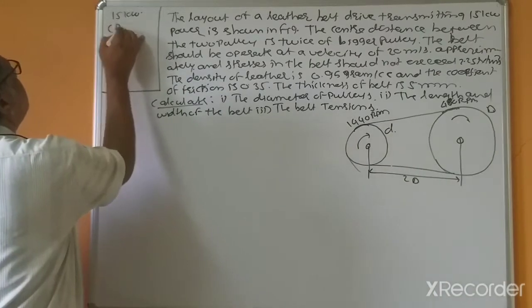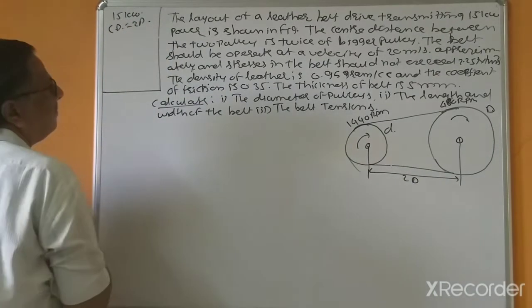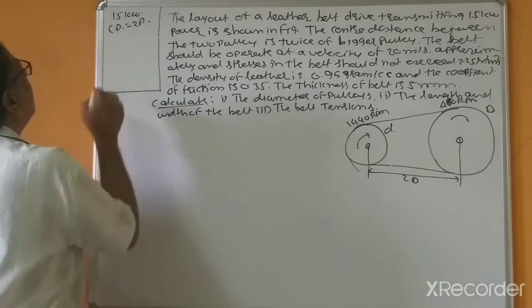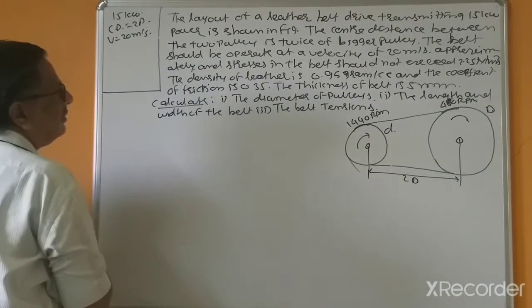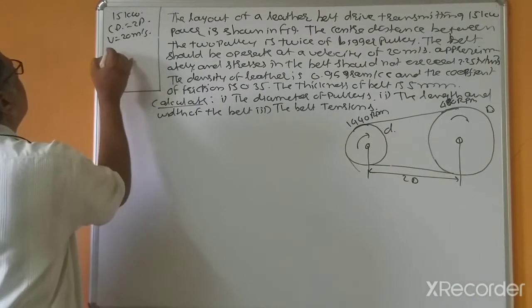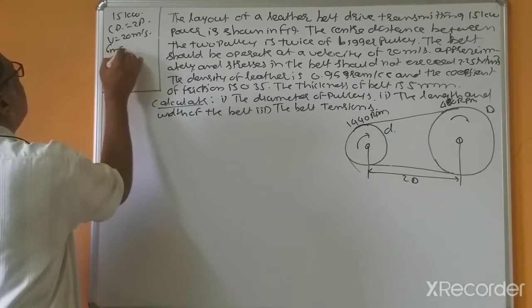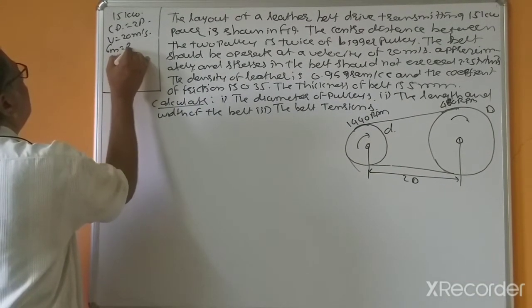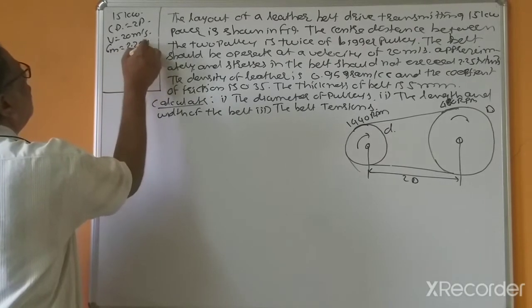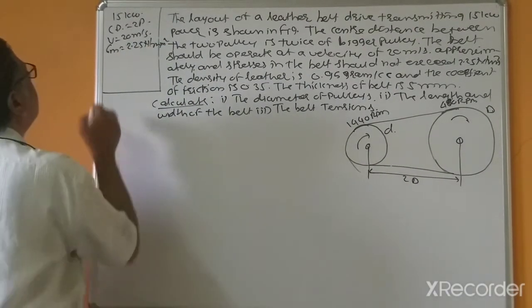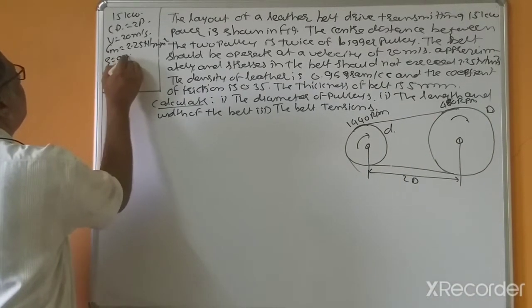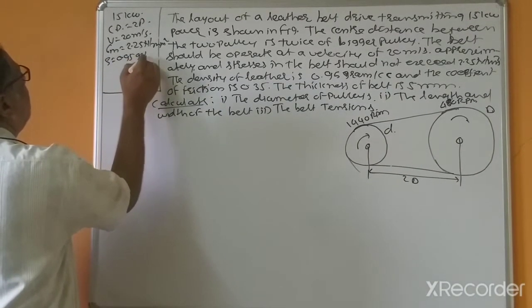Center distance equal to 2D. Approximate velocity 20 meter per second. Maximum stress equal to 2.25 Newton per mm square. Density equal to 0.95 gram per cc.